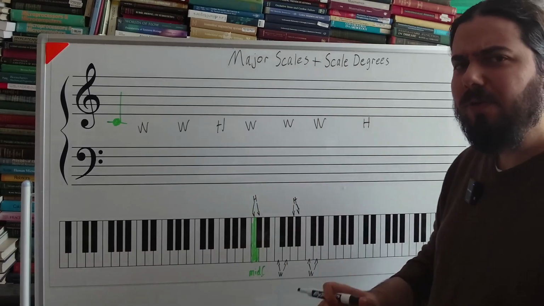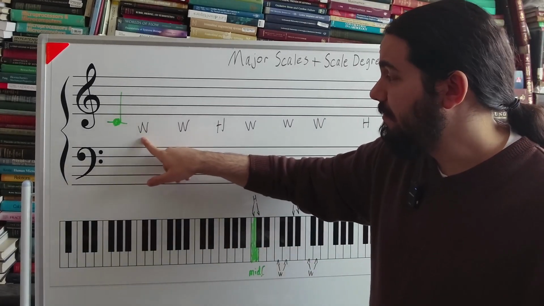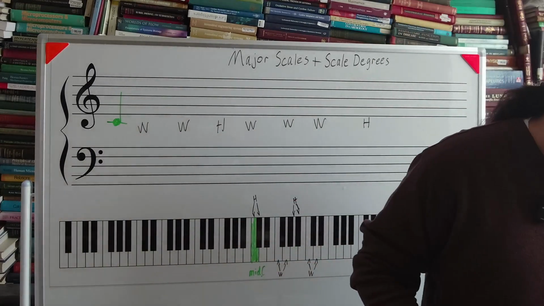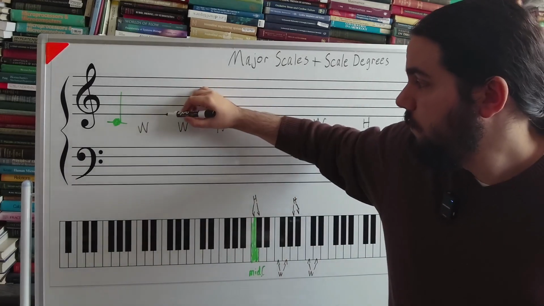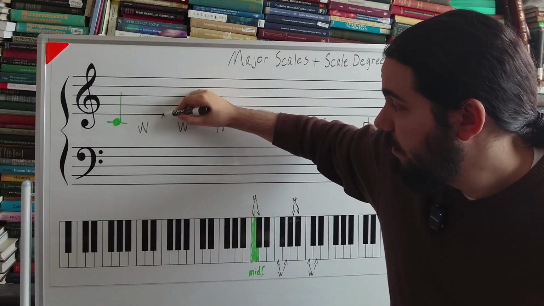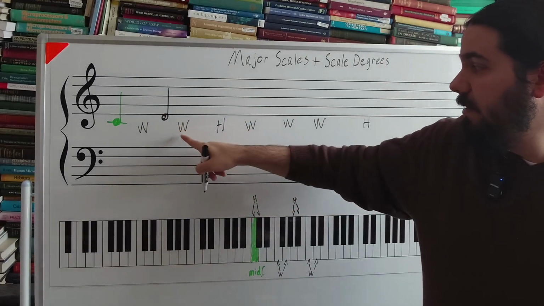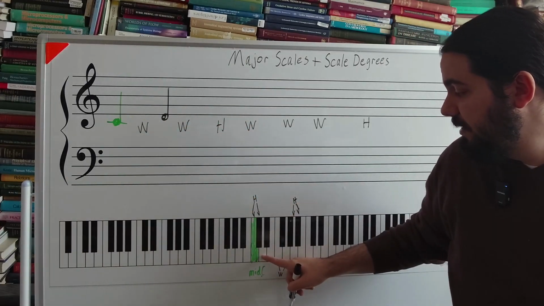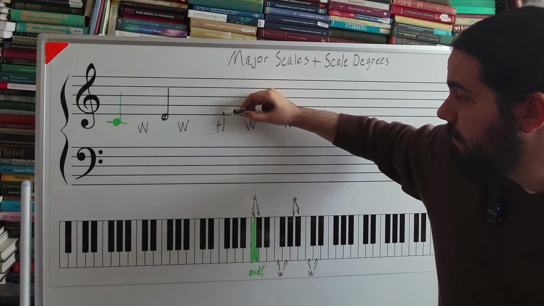So what do I mean by this? Well, a whole step up from C is D. So we would write that in here. And then you do a whole step up from D, which in this case is E.